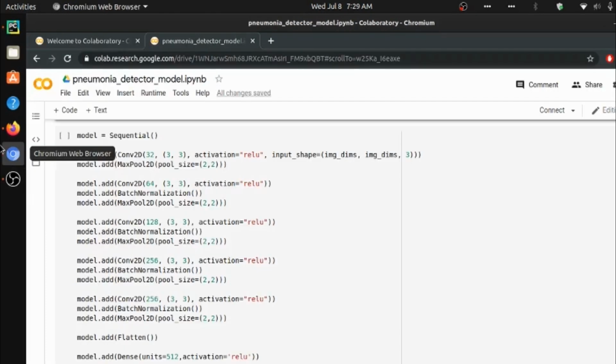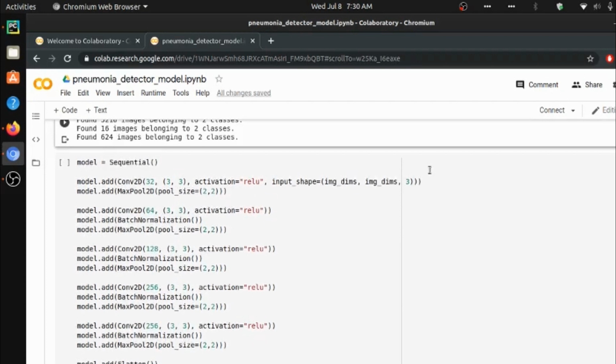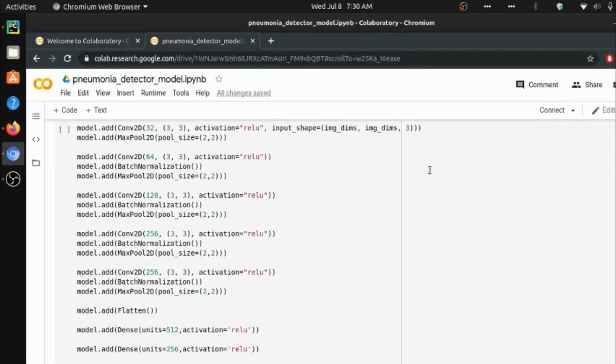In the case of a convolution neural network, it is especially good for image processing and image recognition. Any prediction related to images, we can use convolution neural networks for a better result.